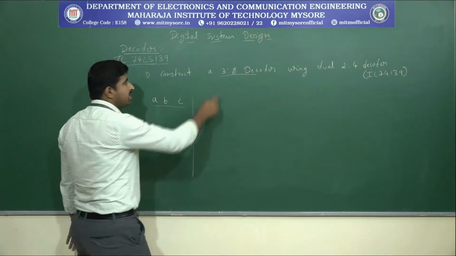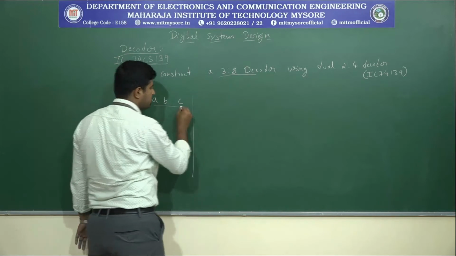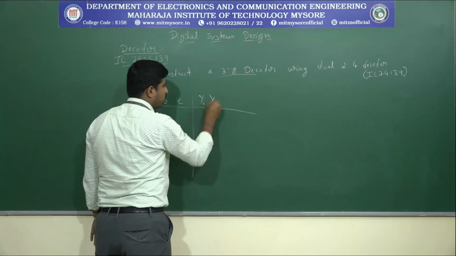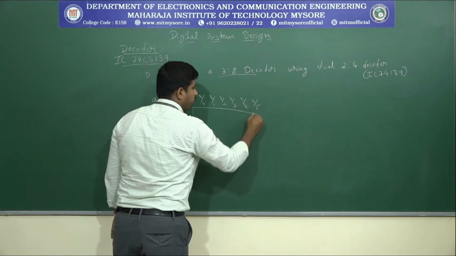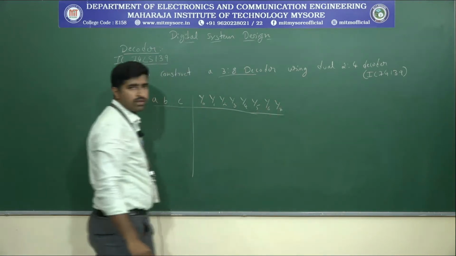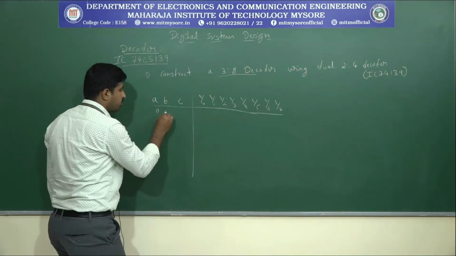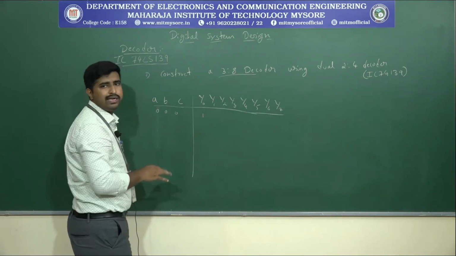Okay, so that means 3 inputs will be there, A, B, C. Next will be the 8 outputs, which I will indicate as Y0, Y1, Y2, Y3, Y4, Y5, Y6 and Y7. Okay, so when the inputs are 0, 0, 0, Y0 will be enabled and the remaining will be disabled.